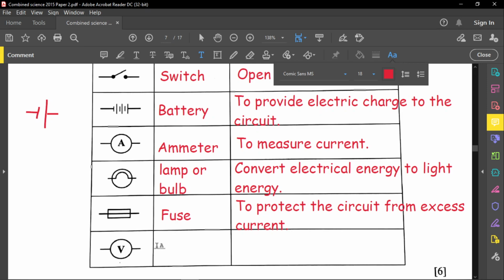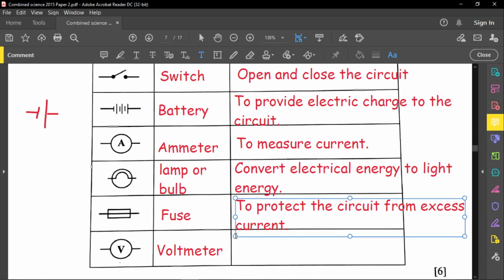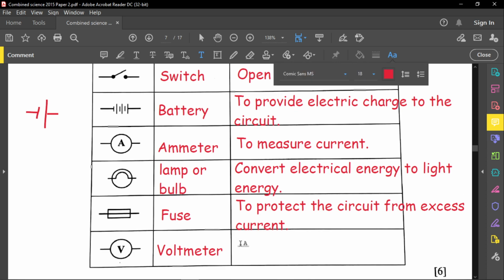And this here now is a voltmeter. And again, remember that the voltmeter is connected in parallel to the circuit. Just to make a note of that. And this one is to measure voltage, or also potential difference. So you can measure voltage or potential difference, PD in brackets, across components.